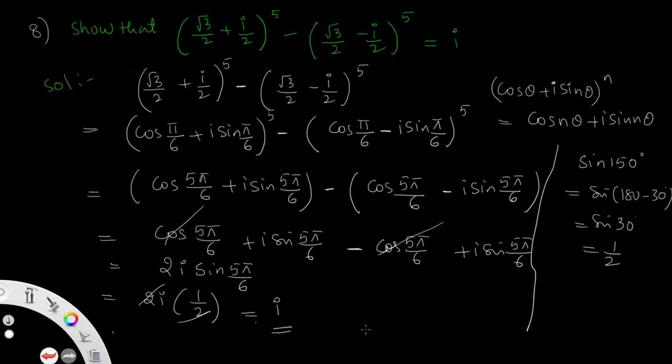As per De Moivre's, you write the formula (cos θ + i sin θ)^n is nothing but cos nθ + i sin nθ. Sin 150 means sin 180 minus 30, that is 1 by 2. This is the rough part. Now the power goes inside, joined with the argument, and the cos terms will be cancelled. 2i sin pi by 6, the value is 1 by 2, then you get the value i. The total VSAQs are now over.